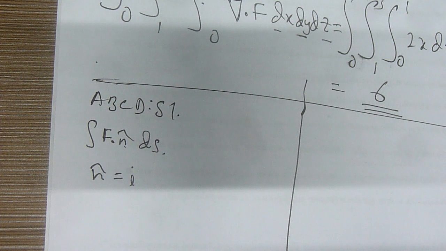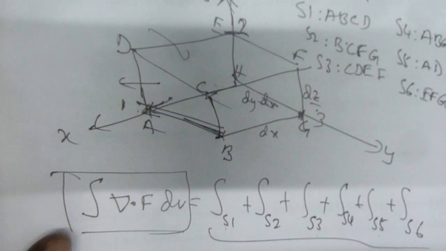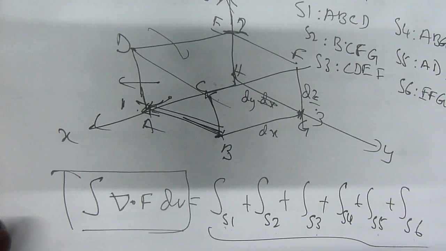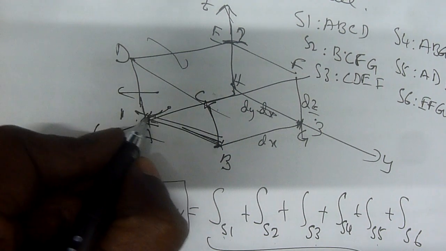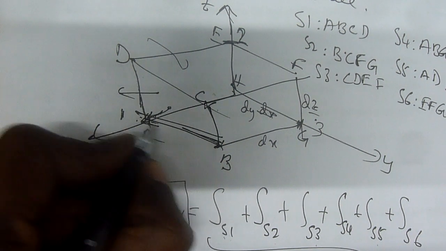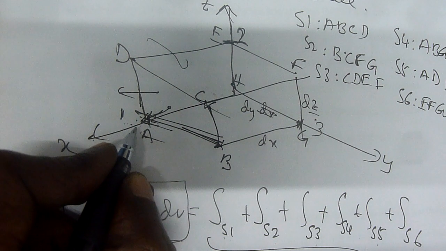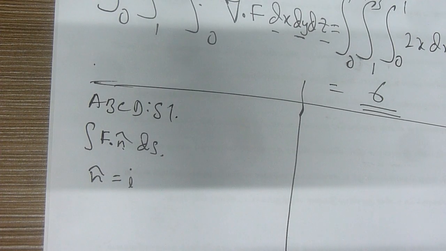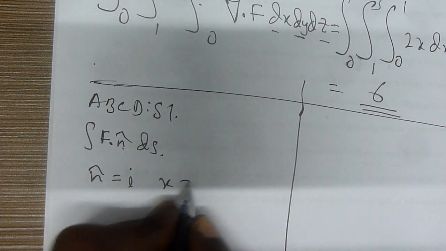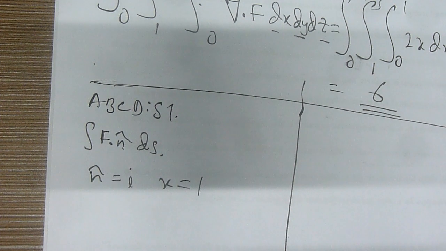What is the next important point that you can identify here? Can we get any other information? Yes, the surface is on the surface called x equals 1. These are two valuable pieces of information that we can use.